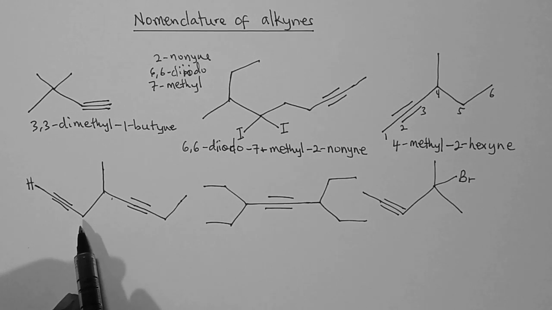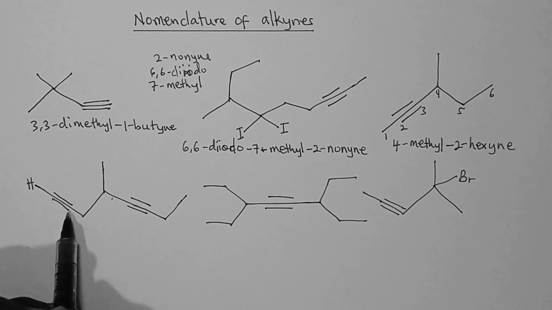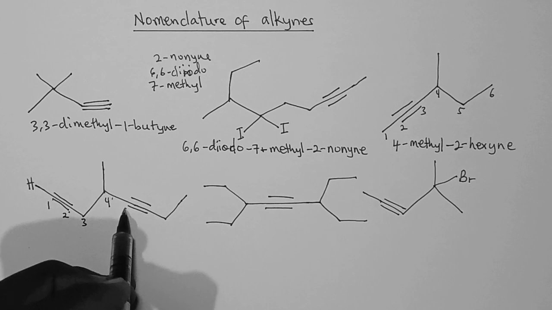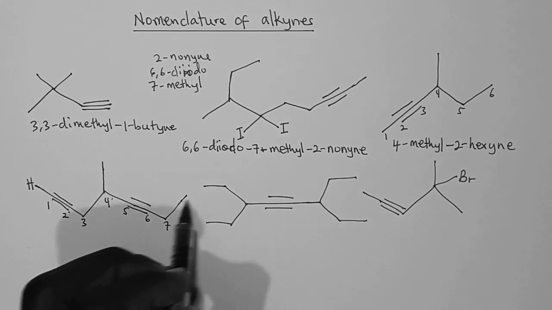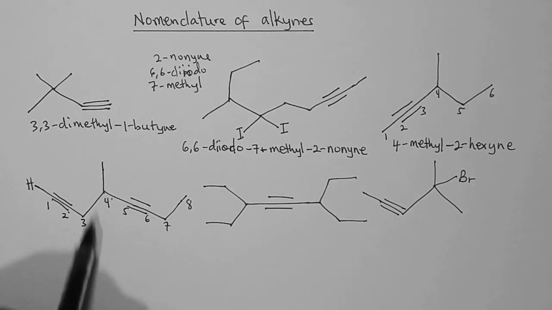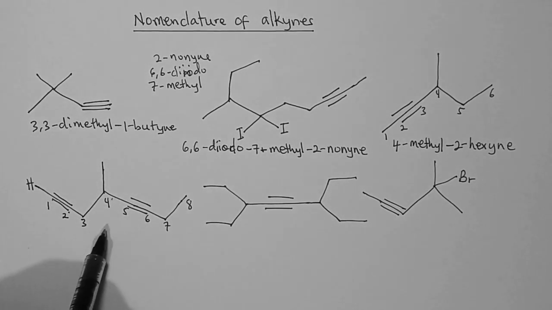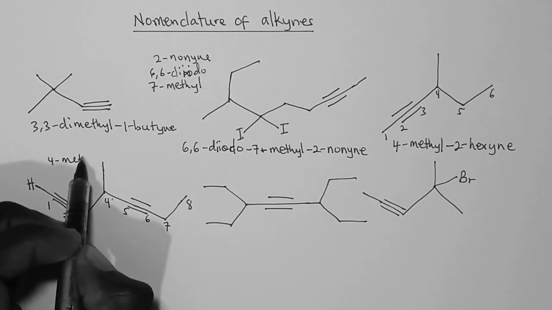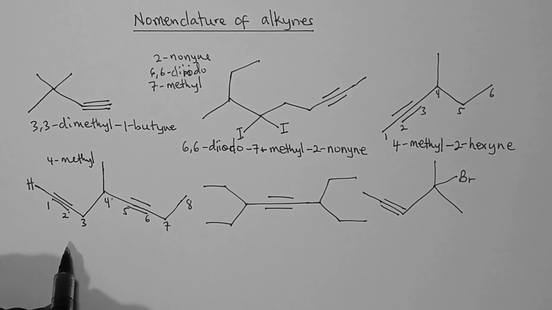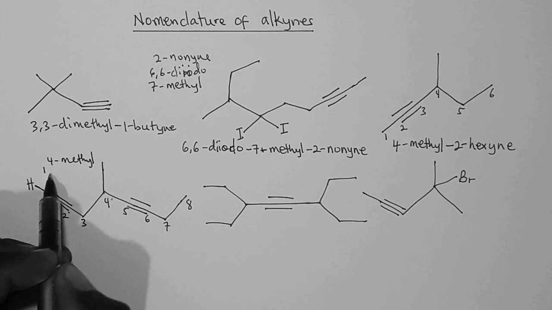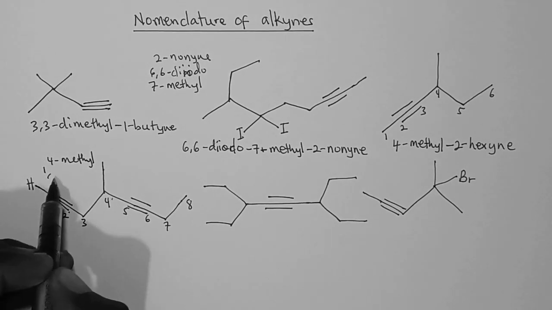Let's come to this molecule. So we see that this is carbon 1, carbon 2. So 1, 2, 3, 4, 5, 6, 7, and then carbon 8. And then we have a methyl group, which is a substituent on carbon number 4. So we have a 4-methyl as a substituent. And then the triple bonds are 2. We have triple bond on carbon number 1 and triple bond on carbon number 5.